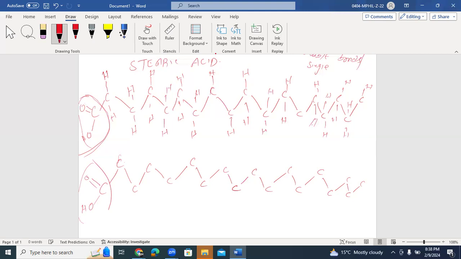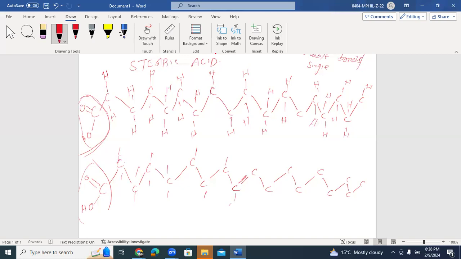This is carbon 9, at this point you have the double bond. And complete all of the hydrogen atoms here. Complete the valency of carbon with hydrogen atoms.